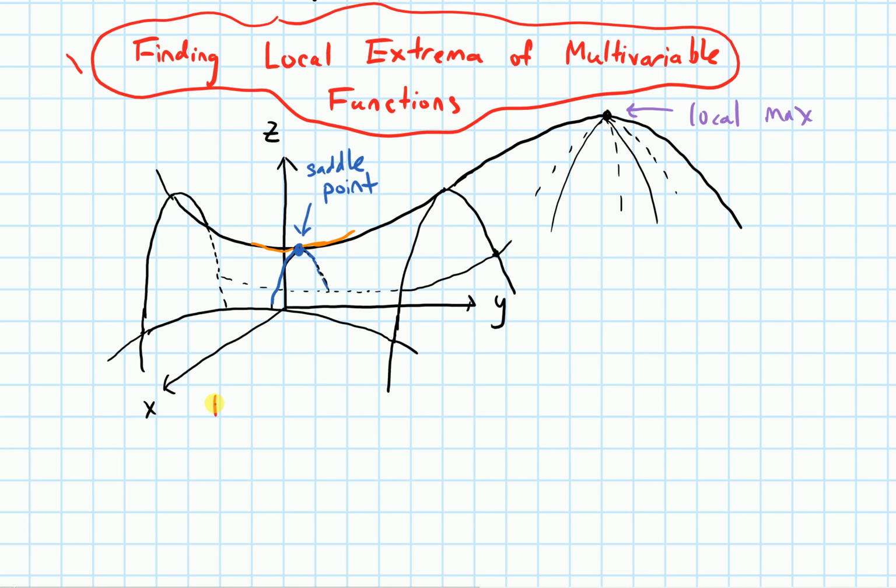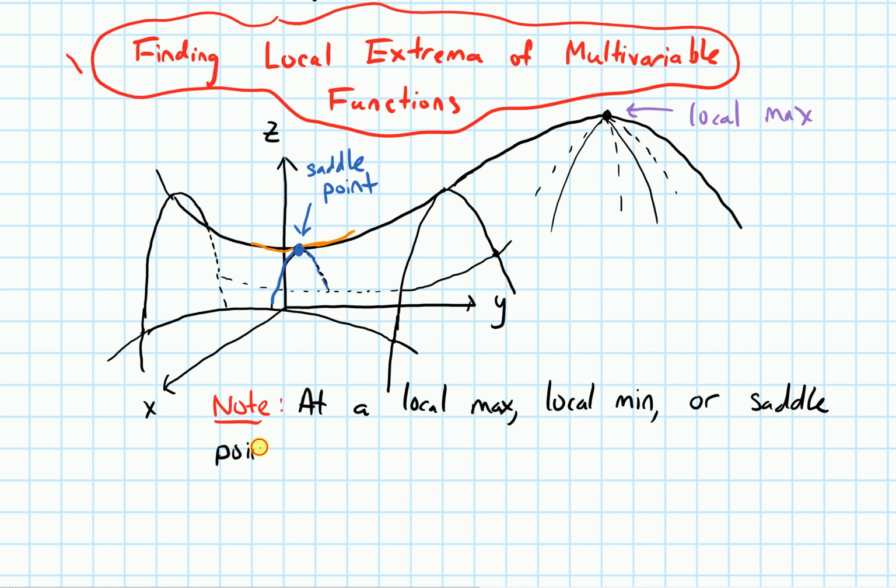There's a key observation that I want to make a note of, and that is the following. At a local max, a local min, or a saddle point, if the partial derivatives exist, so if fx, the partial derivative with respect to x, and fy, the partial with respect to y, exist, they must be equal to 0.